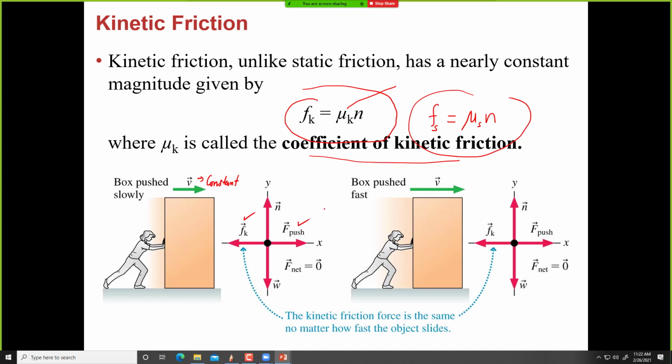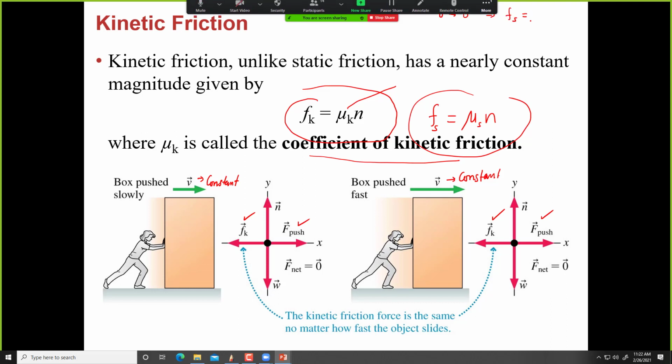Whenever you see this force is equal to this force and it's already moving, that means this V is constant. If these two forces are equal and the object is not moving, then V is 0. So you need to think about these two things. So V is 0 when Fs is equal to F push.